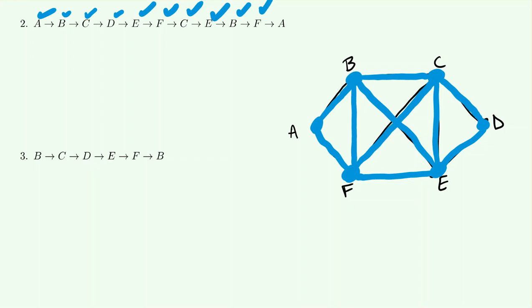So let's think to ourselves, is this a Hamilton circuit? I recommend you pause the video at this moment and think about your answer based on the definition of Hamilton circuit, and then unpause to check your work. So to the question, is this a Hamilton circuit? We would have to say no. And the reason being is that at this point of the sequence, we had gone through A, B, C, D, E, F, and instead of going back to A, we then started repeating vertices.